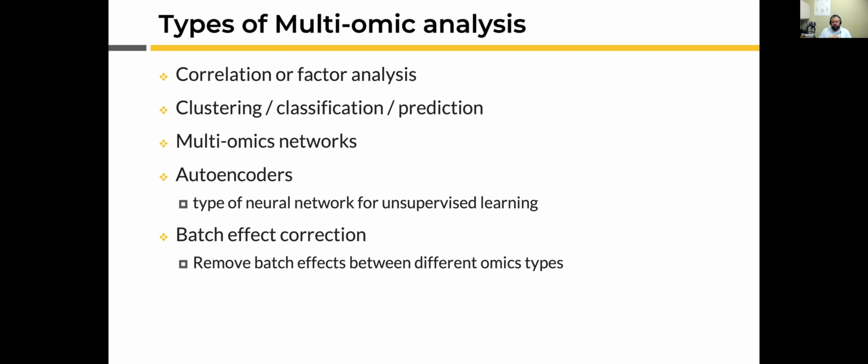There are autoencoders, which are a type of neural network for unsupervised learning, so they could be included under the clustering classification group, but they're different enough that they can be put on their own. And then there's batch effect correction. This is the newest area of multi-omic analysis: how do you remove batch effects between different omics types.